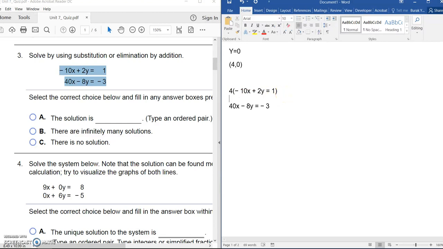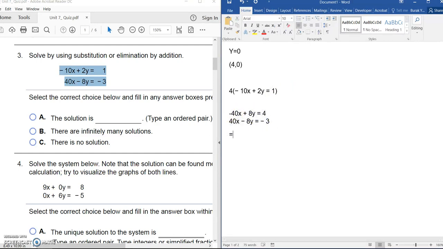then it's going to turn into, so 4 times negative 10x is negative 40x, and then plus 4 times 2y is 8y, and then equals 4 times 1 is just 4. See, now I have these two equations.